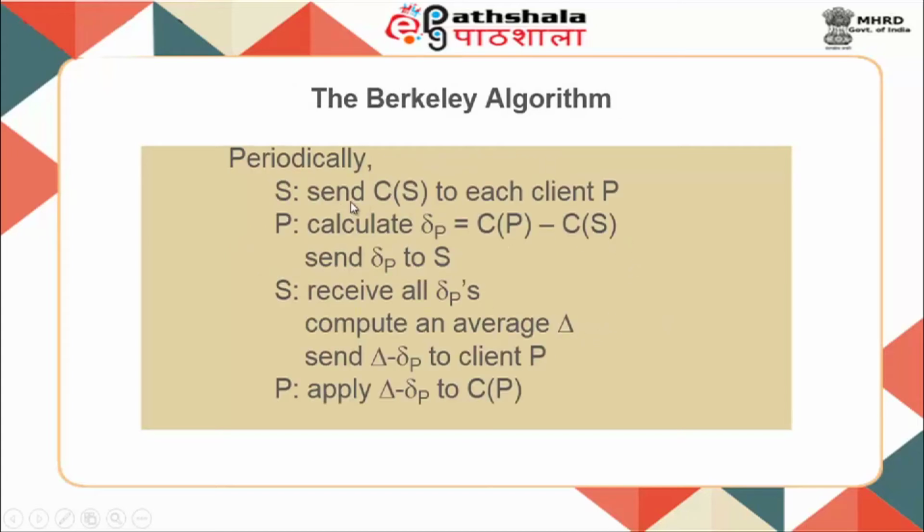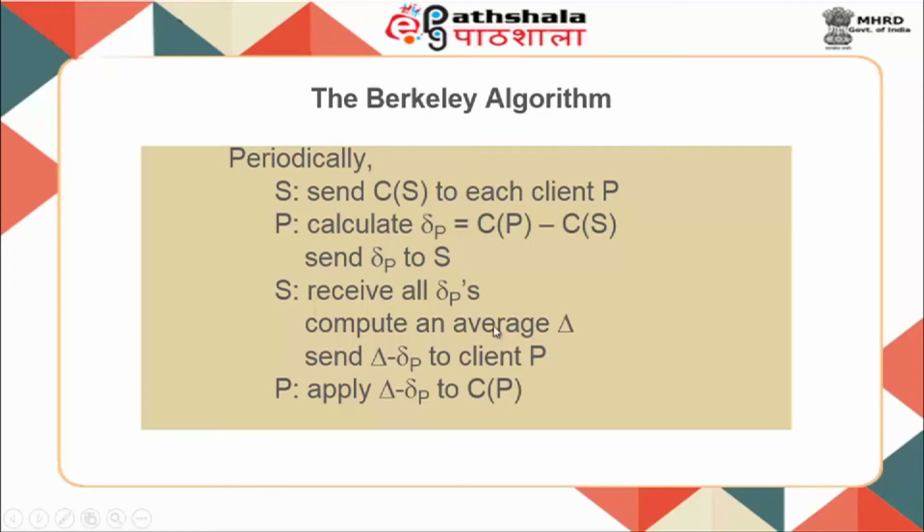Periodically, the time server sends its time to each client, and each client calculates the difference between its own time and the time server's time and sends this value, delta P, to the time server.